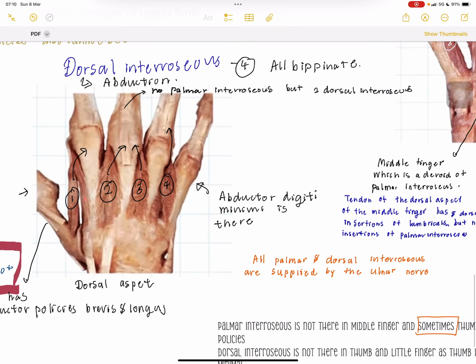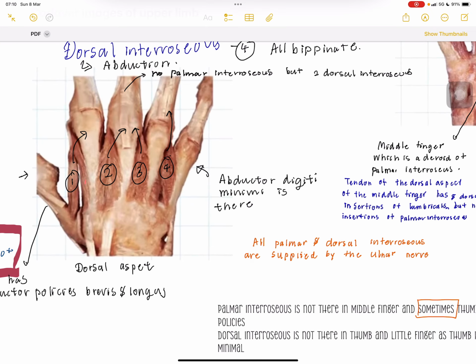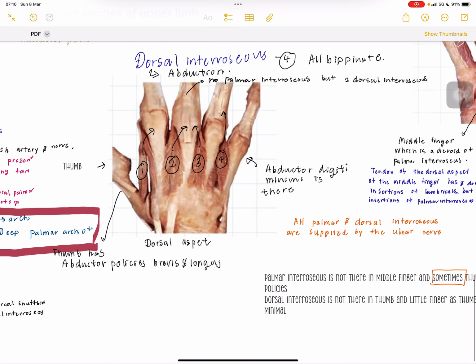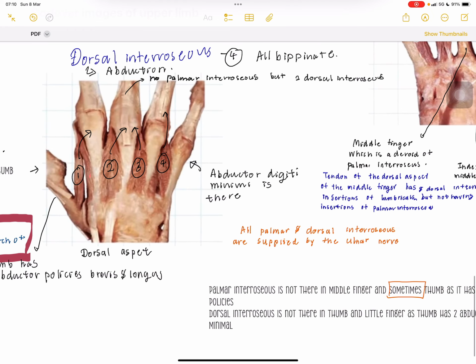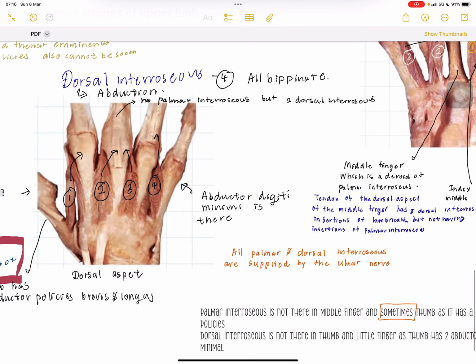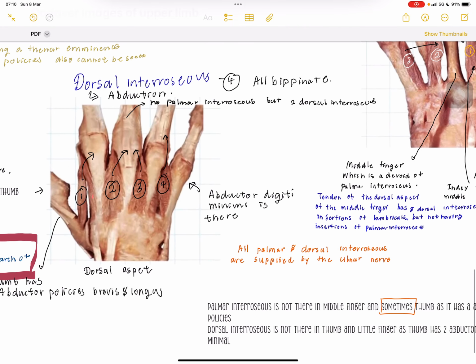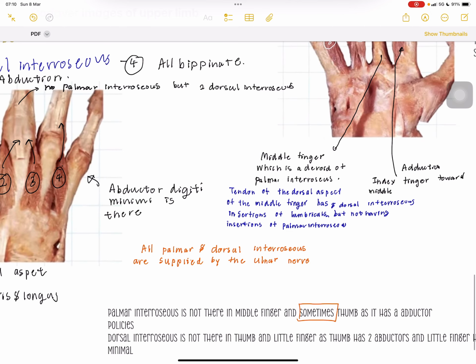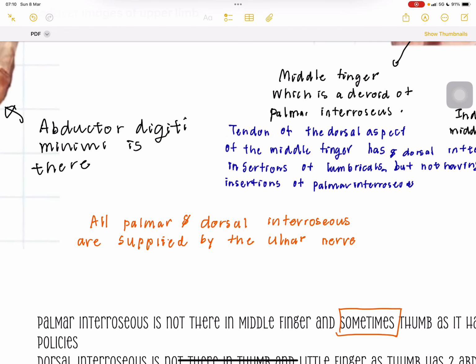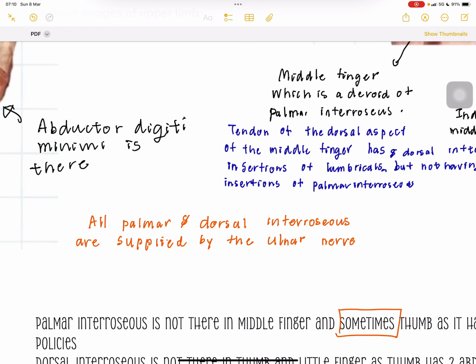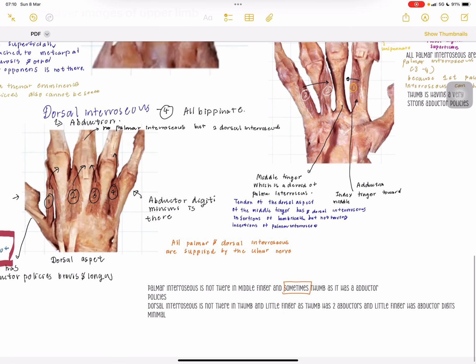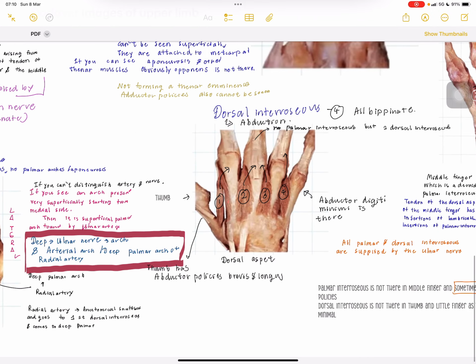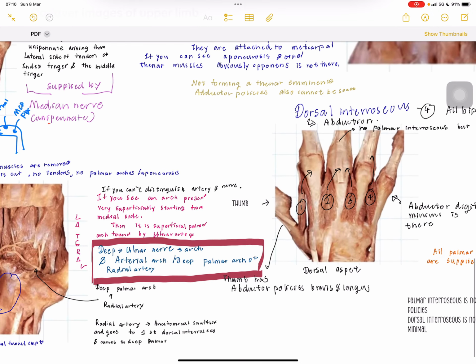Adductor digiti minimi is there for the little finger, and adductor pollicis is there for the thumb. So they don't have the dorsal interosseous, and the middle finger has 2. So this is the point you have to remember: all palmar and dorsal interossei are supplied by the ulnar nerve. That thing you should remember.